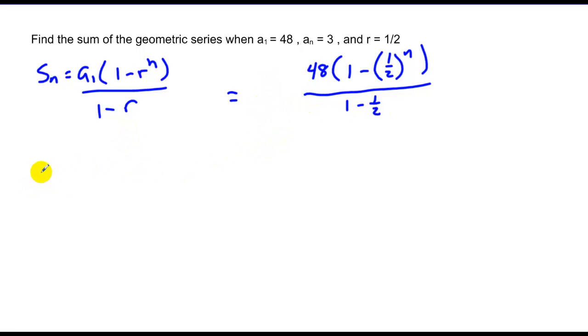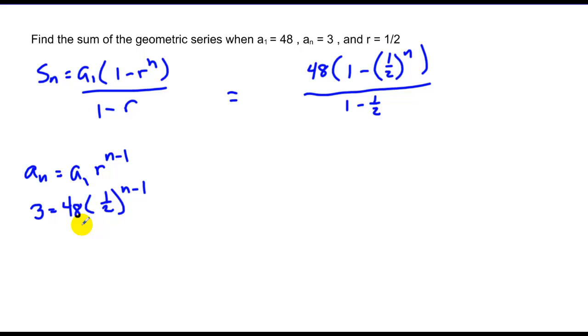I'll go back to my sequence equation, which says the nth term is equal to a1 multiplied by r to the n minus 1, and see if I can find it from here. I know my third term is 3, my first term is 48, and my ratio is a half to the n minus 1. Well, now I have everything but the number of terms, which is exactly what I need.